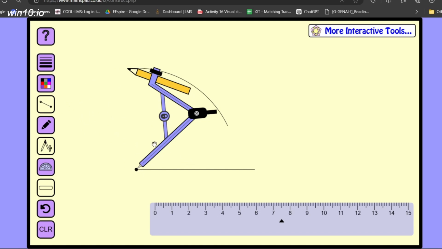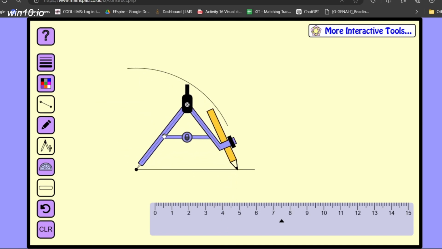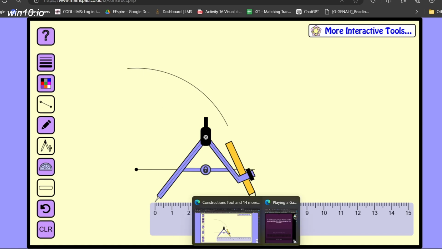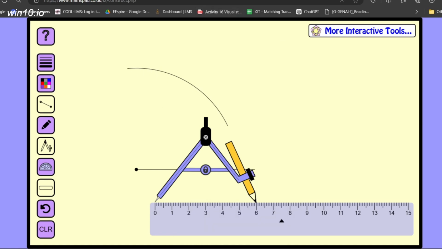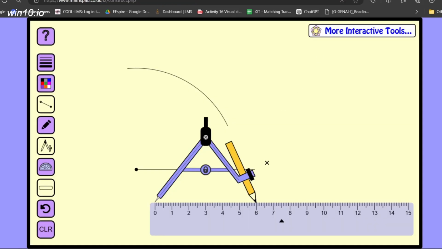And again, somewhere along this path will be our A point. So we have to then get the CA side distance into the compass.